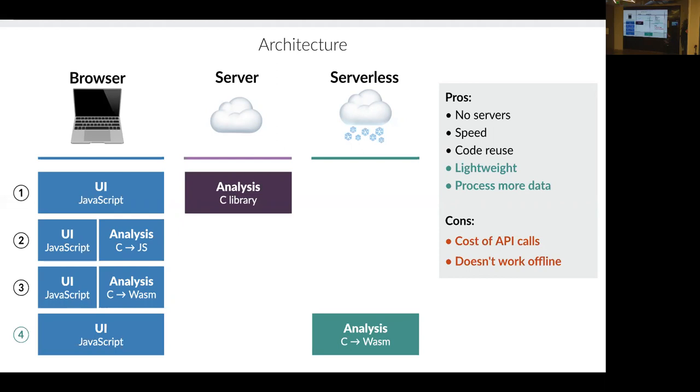It also means that you know exactly what kind of environment your worker is running on. So if you're doing data analysis, you can push it to analyze more data without having to worry about the end user computer equipment. On the other hand, of course, the downside is that now you're making API calls over the internet. So this will slow down the process, and it doesn't work offline.